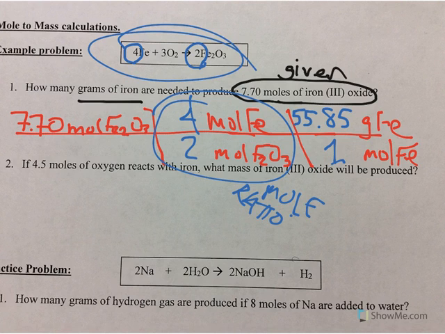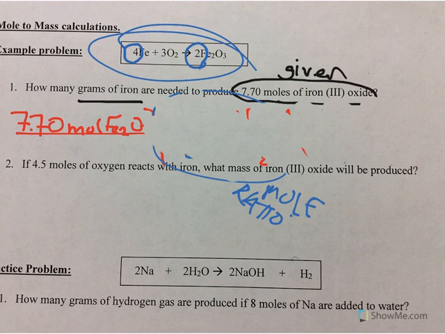So I'm going to take 7.70 times 4 times 55.85. And then I'm going to divide that by parentheses 2 times 1 parentheses. Okay, so that's going to get me, and I have run out of room, 860.09.